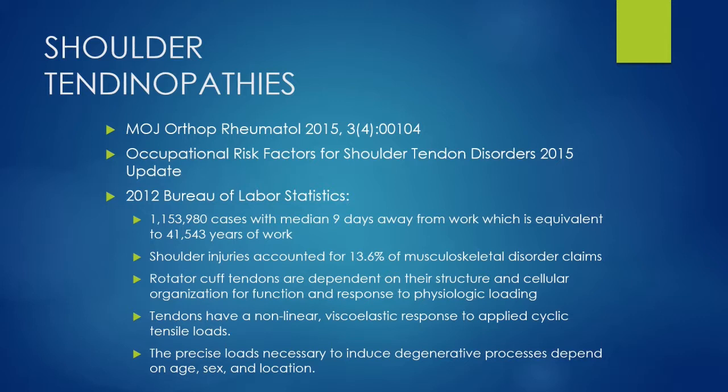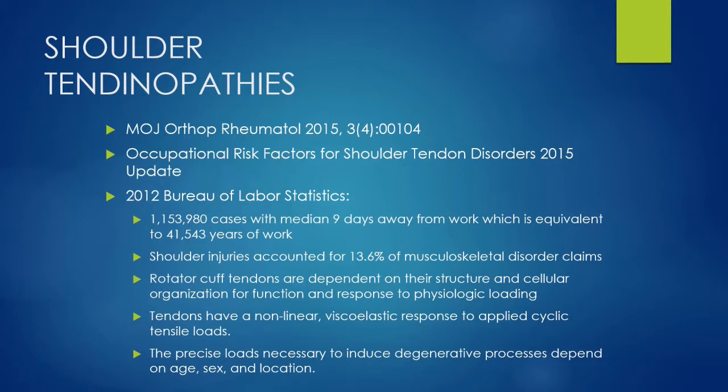And we'll talk about age in just a couple minutes, but with regards to gender and location, it seems that males and females have predilections for tendinopathies at different rates depending upon the tendon that we're talking about.